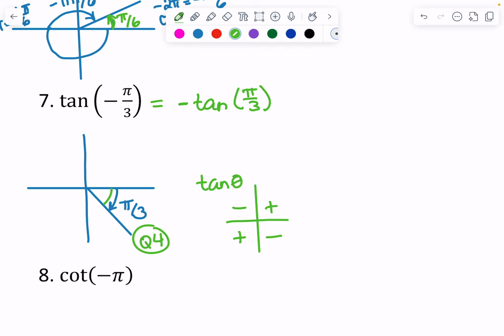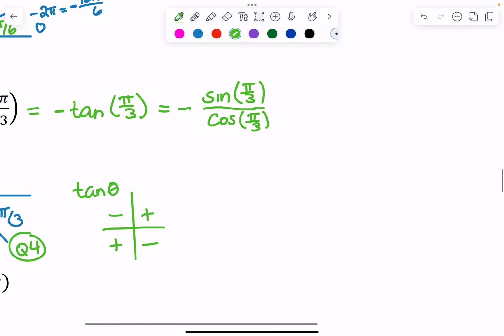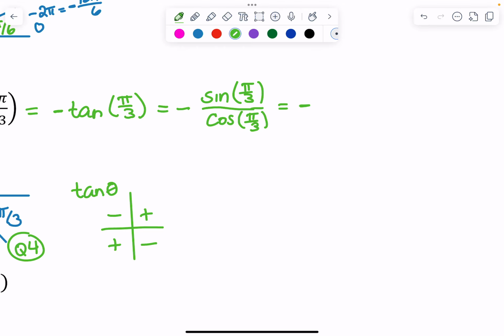So if I find tangent of pi over 3, a little bit more work. These ones I don't remember. I'm going to say negative of sine of pi over 3 over my cosine of pi over 3. Sine of pi over 3, it's going to be the big one. So I have a negative root 3 over 2 over 1/2. I have 2's in both the denominators.